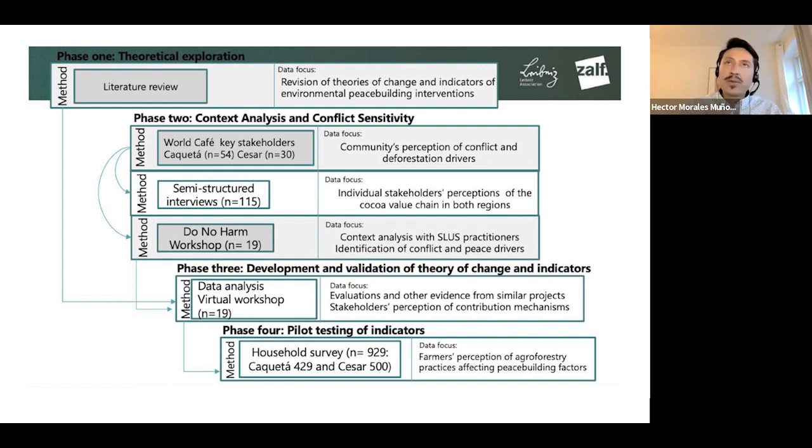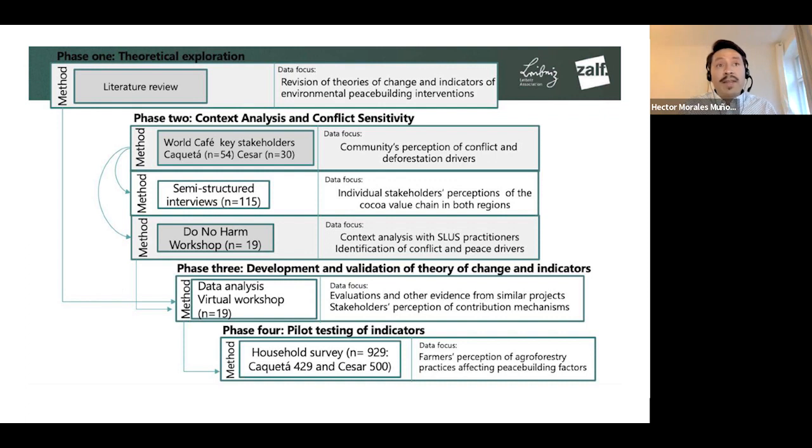So first, a literature review, revising theories of change and indicators of environmental peacebuilding interventions. Then we conducted a context analysis and conflict sensitivity exercise through a world café to understand the community's perception of conflict and deforestation drivers.